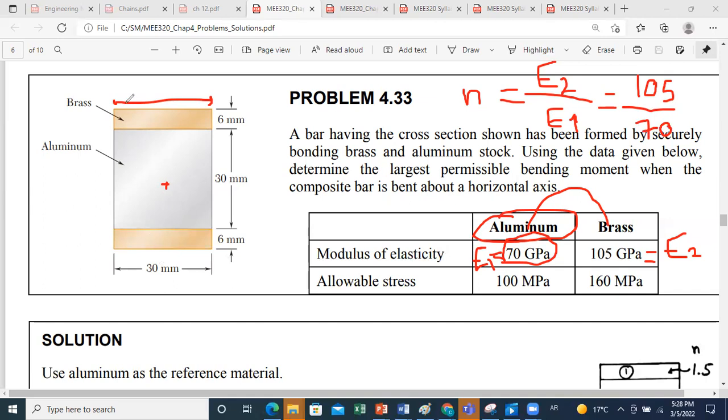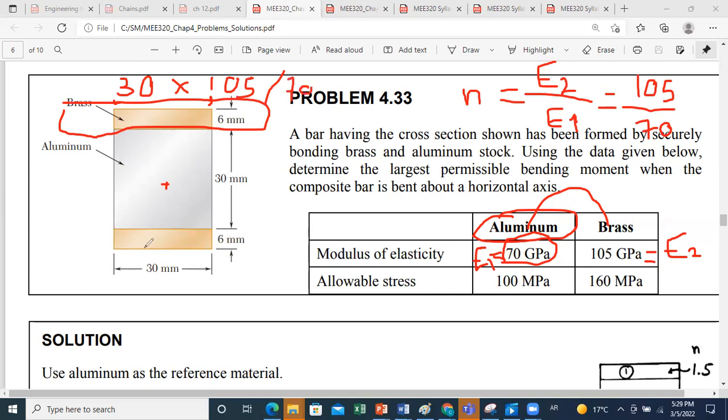Then instead of having for brass a length of 30 millimeters, I will extend my rectangle by multiplying 30 by 105 over 70. So the new dimension will be 30 times 105 over 70.